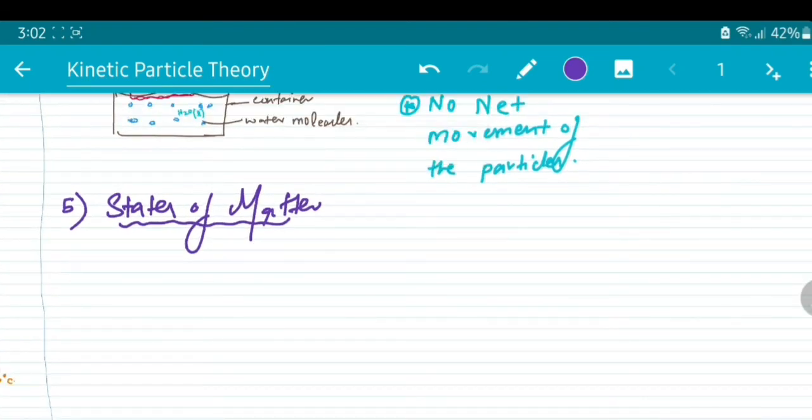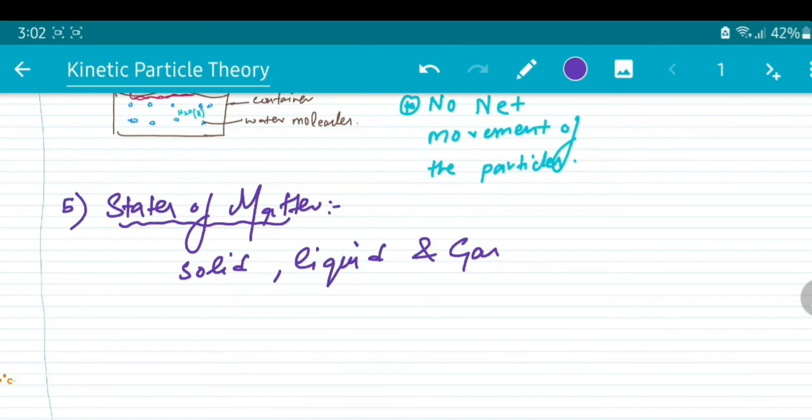like for example solid, liquid, and gas. It's a general point that the states of matter also depend on the attraction of forces.